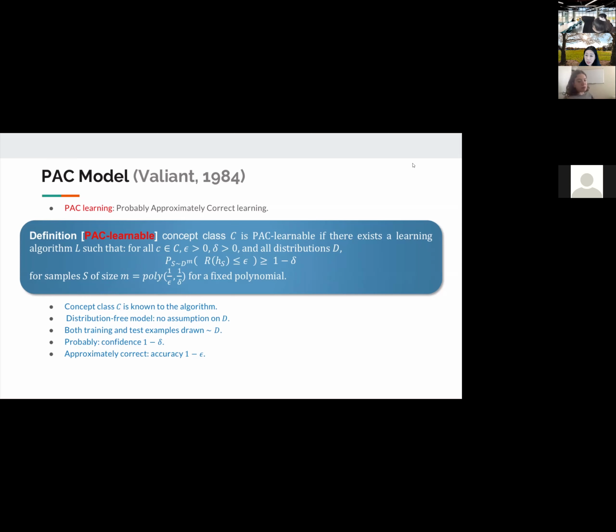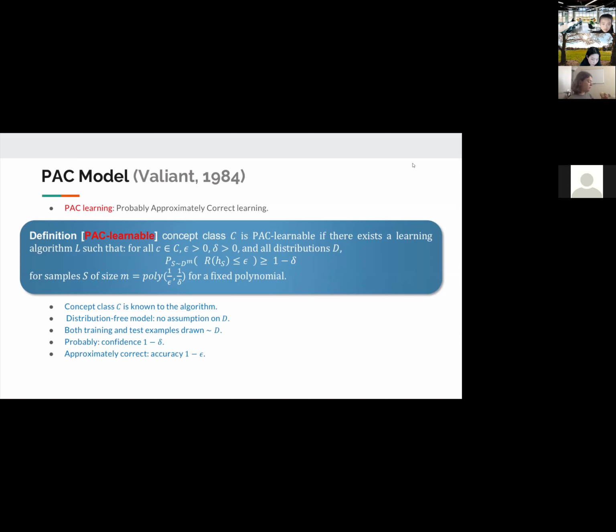Concept class is a collection of target concepts. So this is talking about the algorithm works for any target concept within that concept class. We'll see an example to be sure.